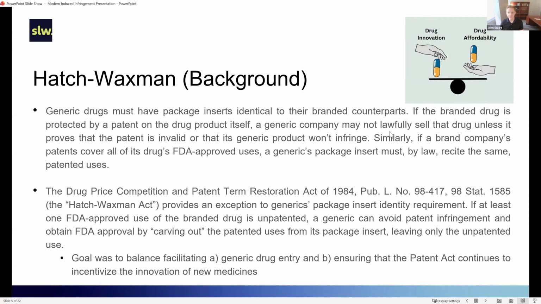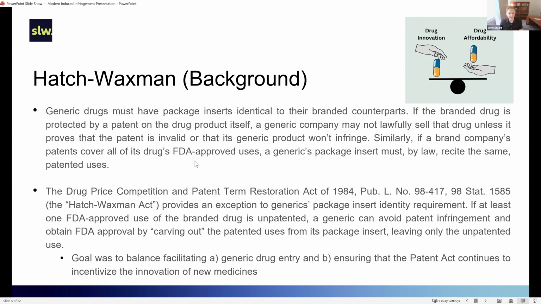So if a branded drug is protected by a patent, then a generic company may not lawfully sell that drug unless it proves that the patent is invalid or that its generic product won't infringe. On the other side of that same idea, if a brand company's patents cover all of its drug's FDA approved uses, the generic's package insert must recite the same patented uses.